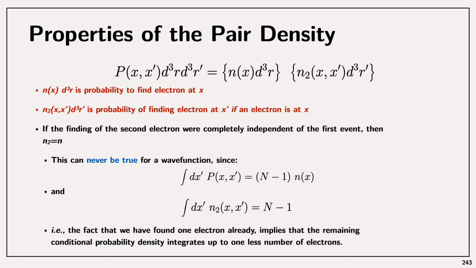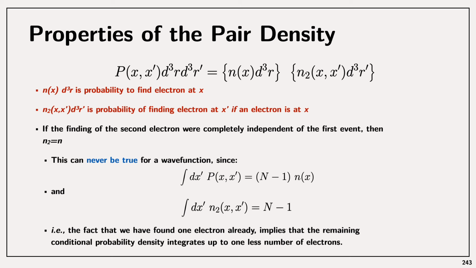But it's important. Now, it is clear from the definition of the pair distribution function P on the previous slide that the integral of that pair function over all the other electrons is going to give me the density at x times n minus 1.